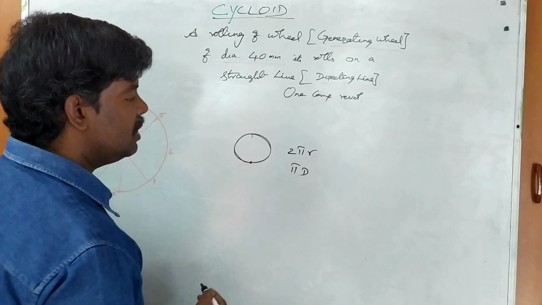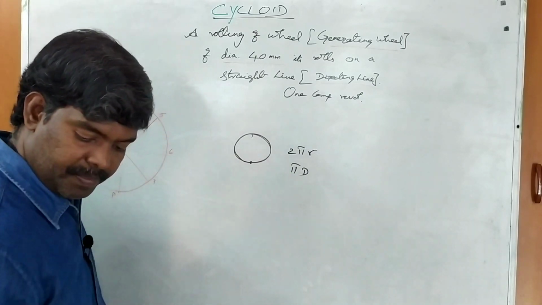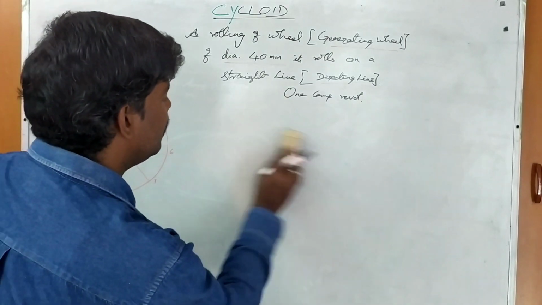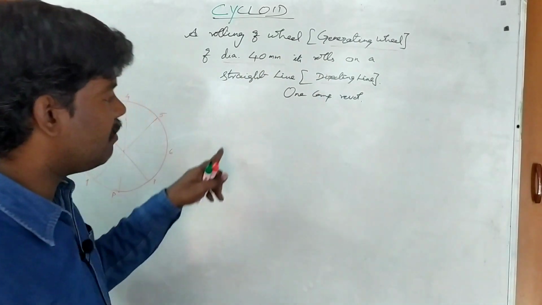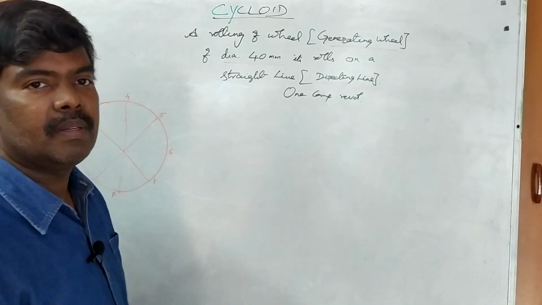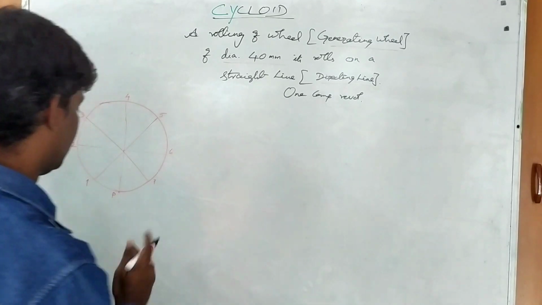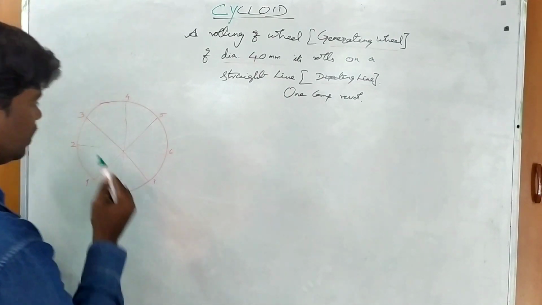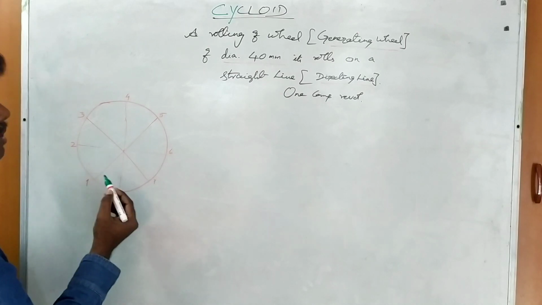You know this well. Because one complete revolution means only one revolution; for example, 2 revolutions means 2 times pi d. Clear? Like that.